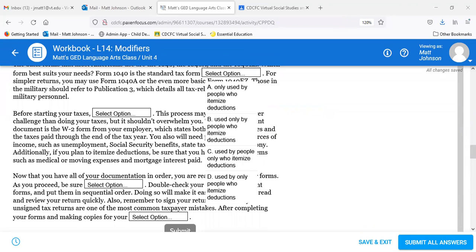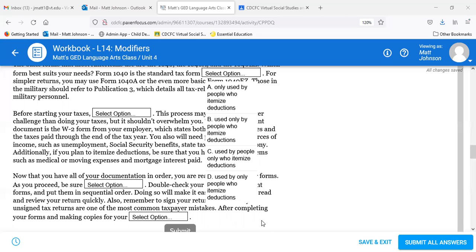Form 1040 is the standard tax form used only by people who itemize deductions.